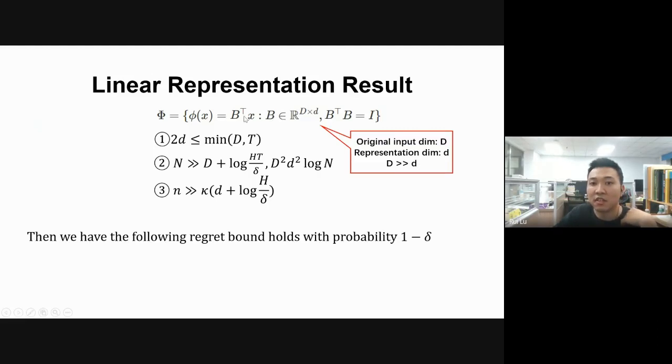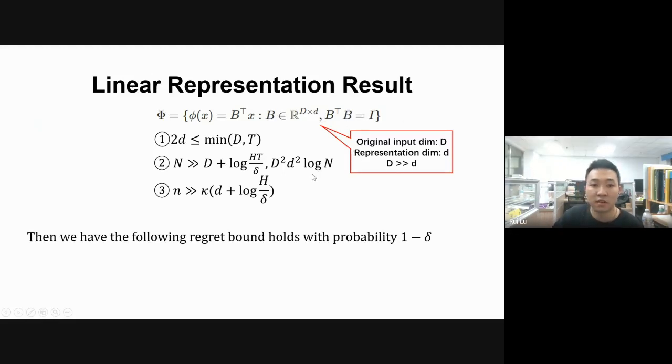You just take the multiplication of this matrix and your original input, and then you automatically get the d-dimensional representation. And this B is restricted to be orthogonal. So the columns of this B should be orthogonal to each other.